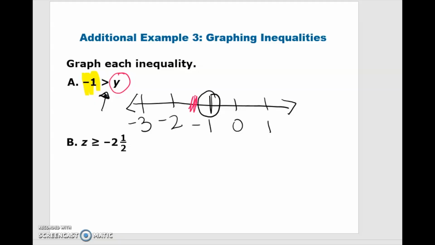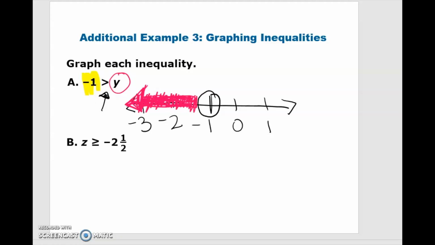The smaller numbers are this direction. So I would be shading in all of the numbers to the left on my number line, and that goes on forever. So I would just draw a nice big dark arrow going to the left. And I want to make it really, really clear that I'm going that direction.